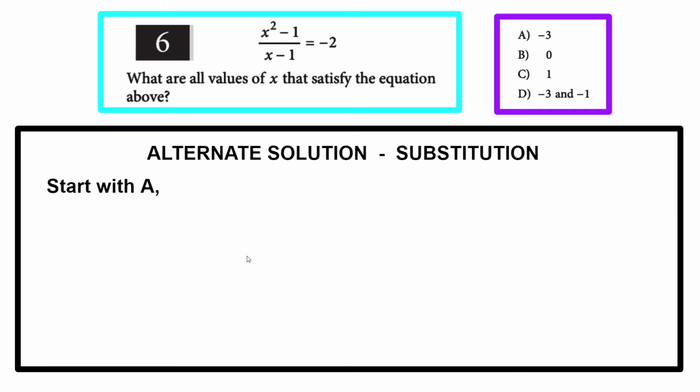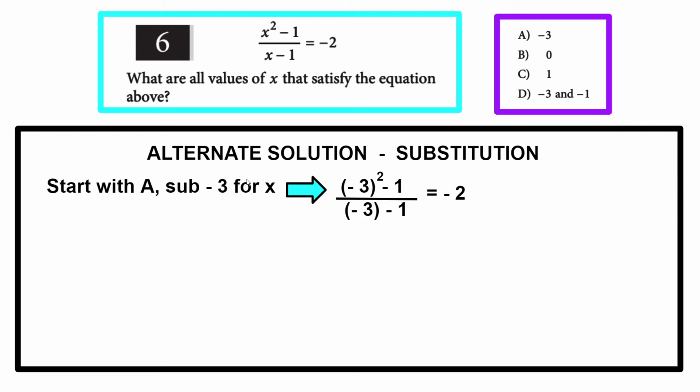We can take each answer and replace x with the value in the answer and see which one works. So we start with A, instead of x we have negative 3, and we have negative 3 squared minus 1 divided by negative 3 minus 1 equals negative 2.